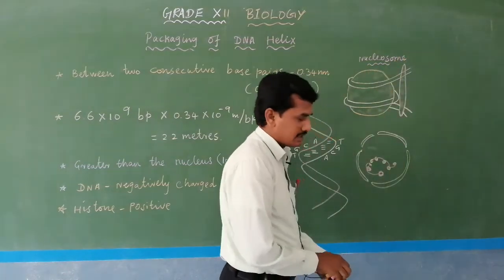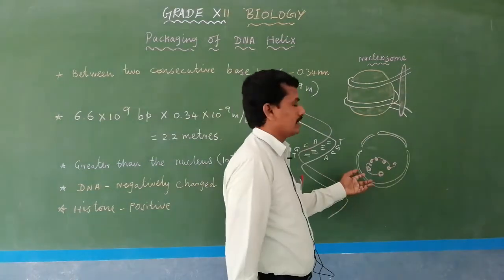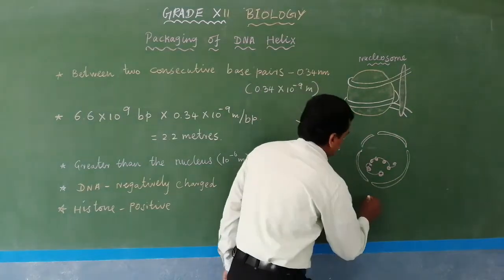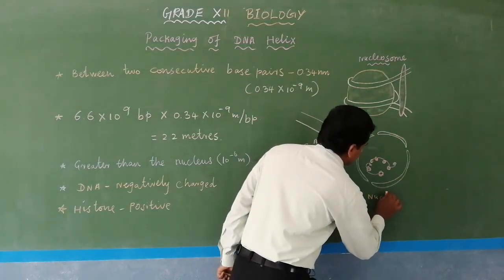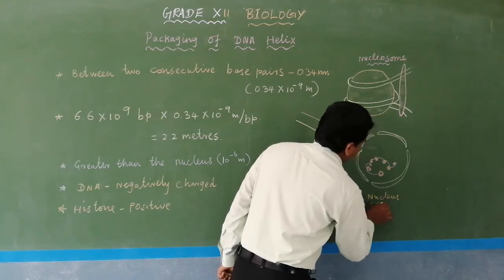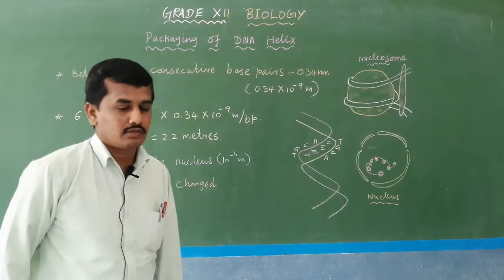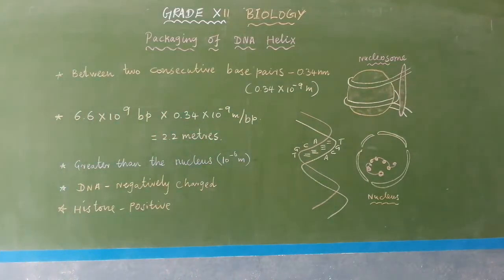We know DNA is present inside the nucleus in eukaryotic cells. This is the nucleus. Only in eukaryotic cells is DNA present inside the nucleus, because eukaryotic cells contain a well-developed nucleus.